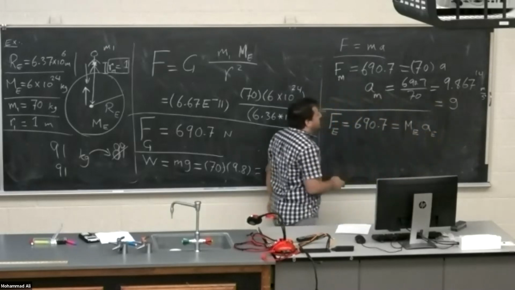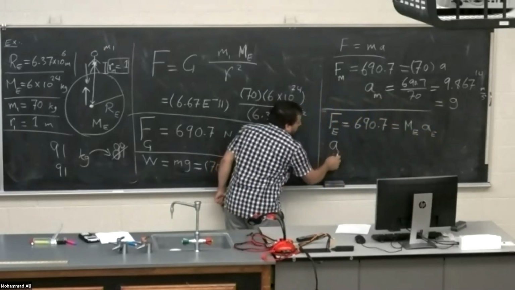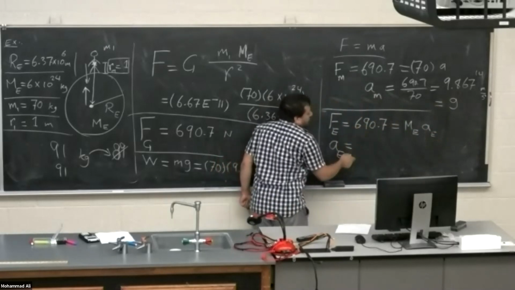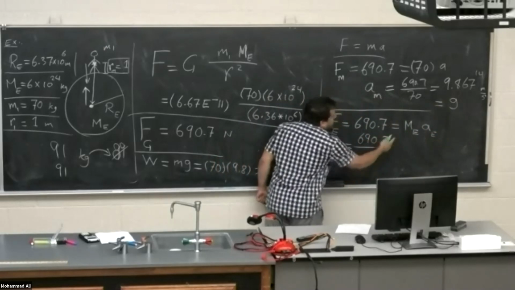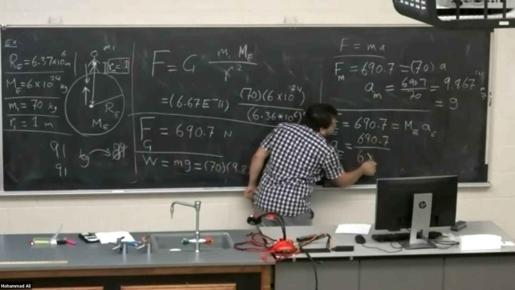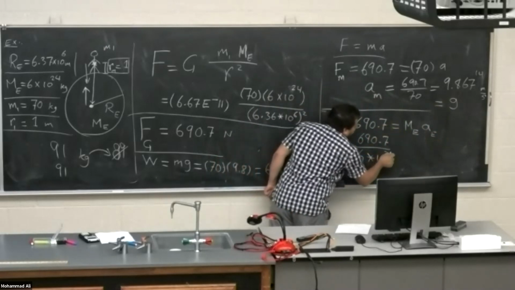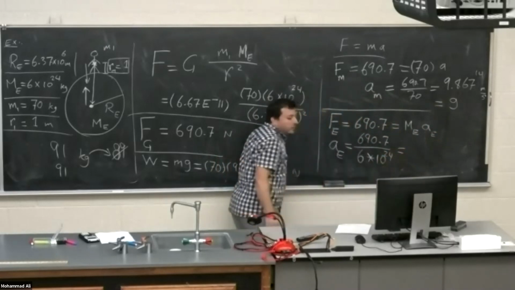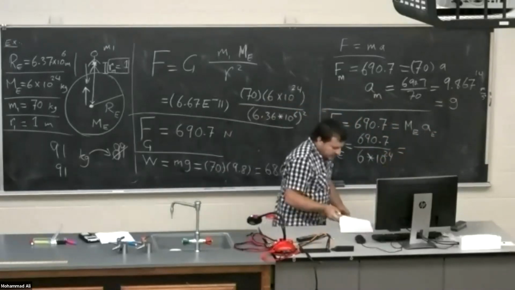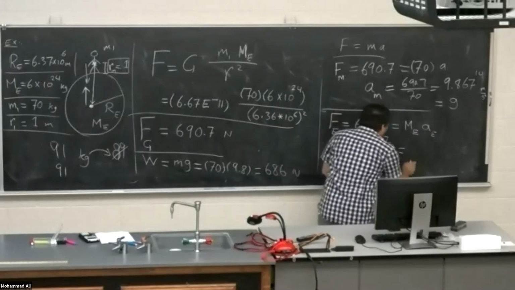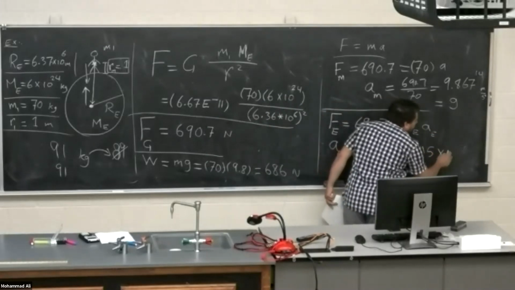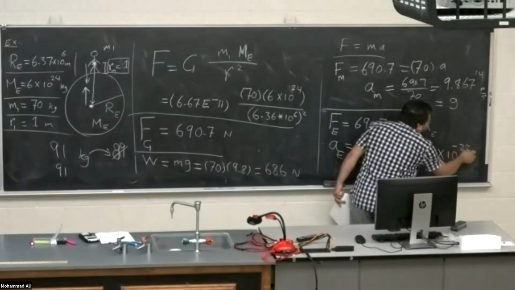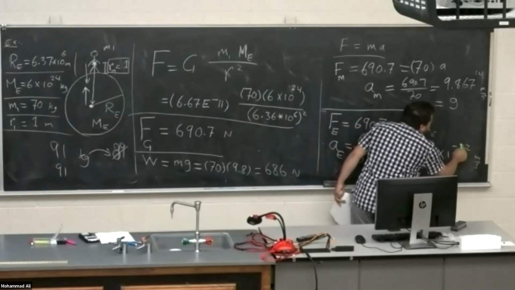If I need to compute the acceleration of the Earth, it will be equal to the force divided over its mass, which is 6 multiplied by 10 to 24. In this case, it will be something very, very small. It is 1.15 multiplied by 10 to negative 22 meters per second squared.